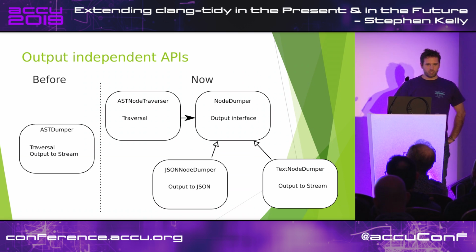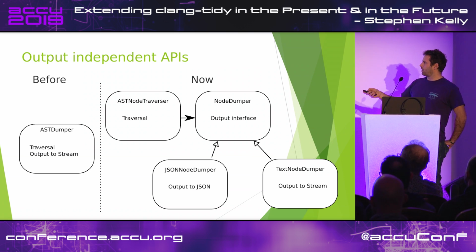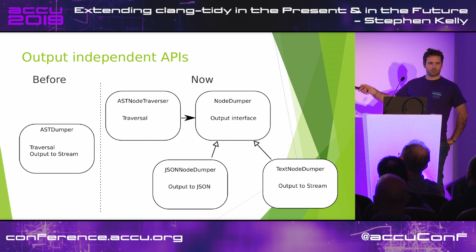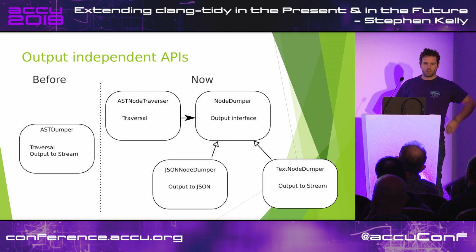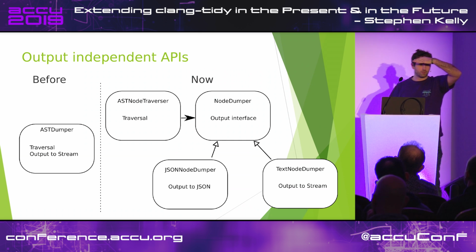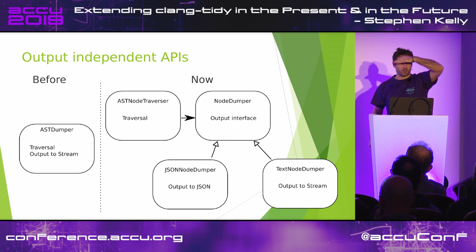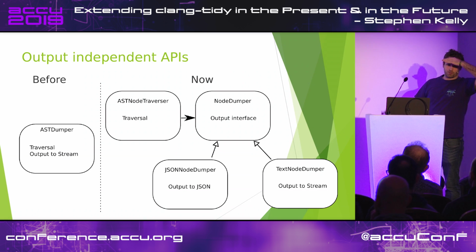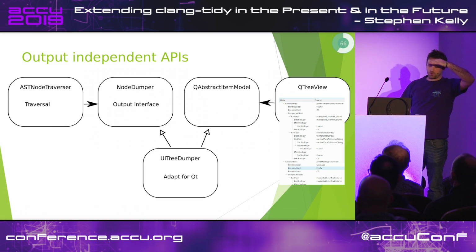But that separation of concerns means that I have a generic tree traversal class for Clang ASTs. And any of you who know me from my Qt contributions, what do you think I would do with that? Ivan is smiling. So I did a lot of work in Qt with QAbstractItemModel.